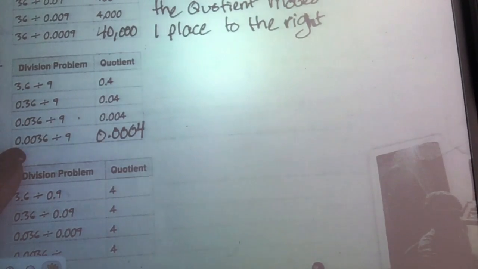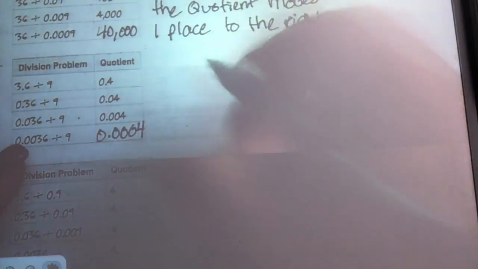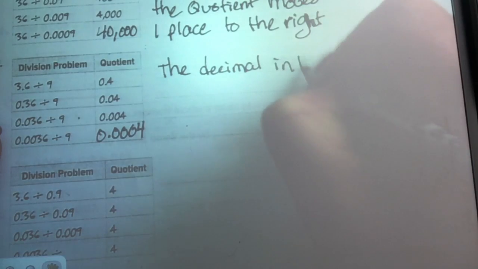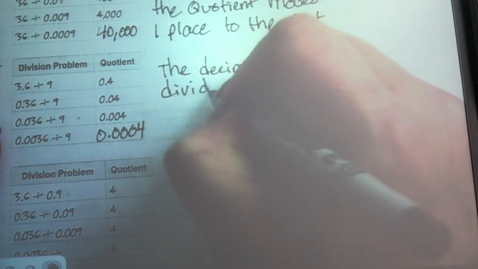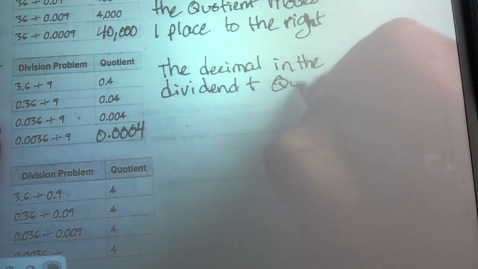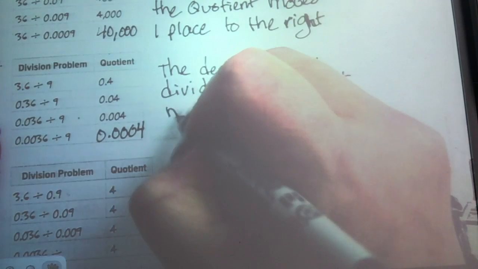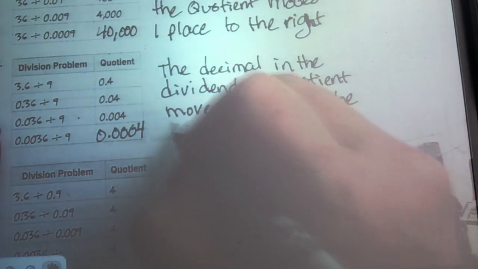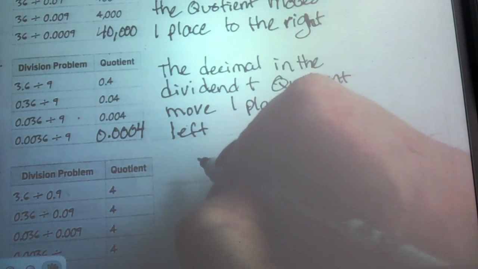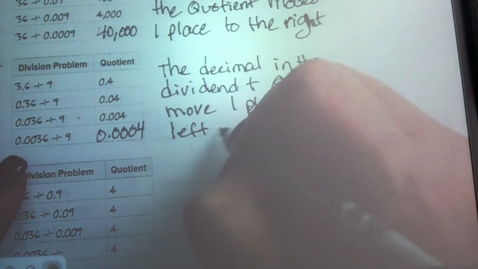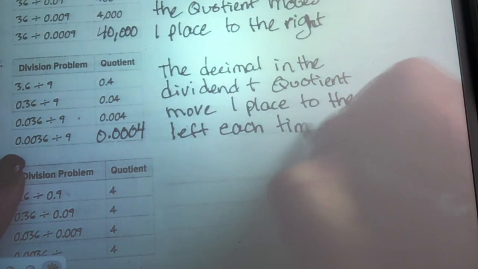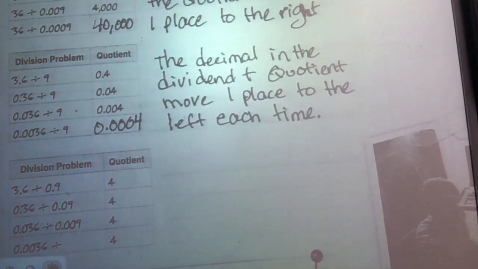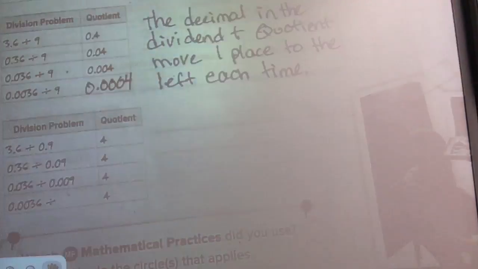So for this one, the decimal point of the dividend and quotient move one place to the left each time. All right, again, pause if you need to.